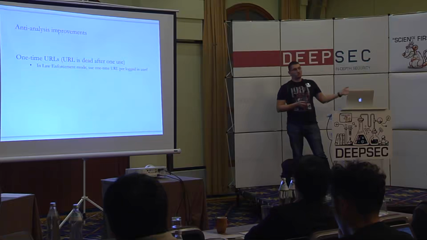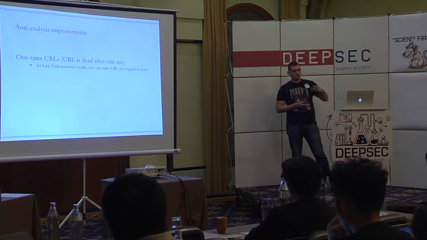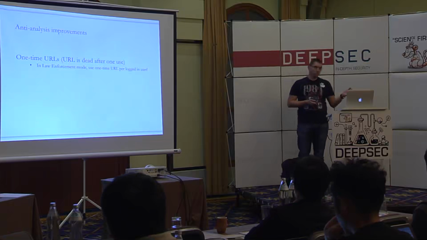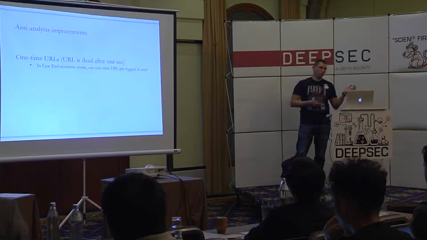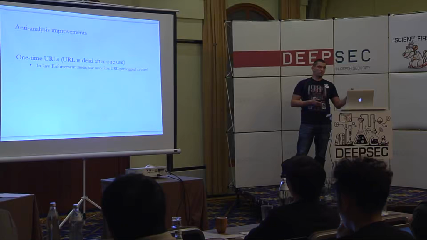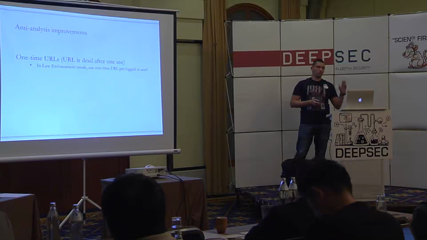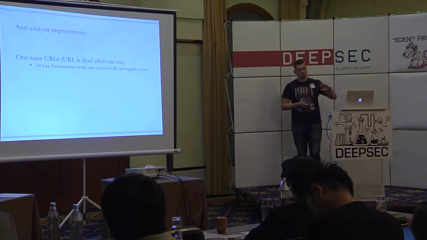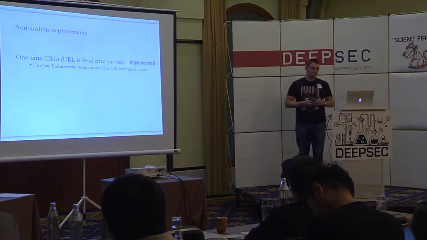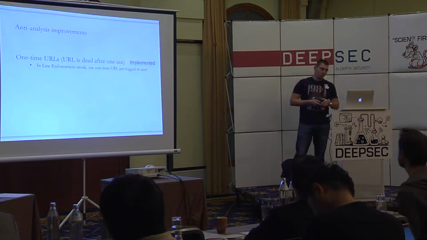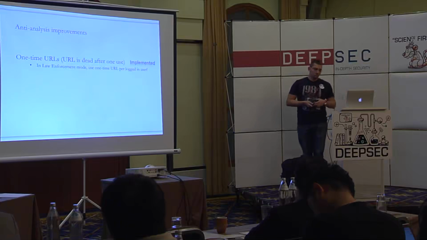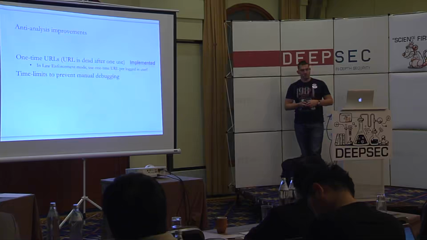If you are in law enforcement and you want to attack all the visitors of a site, this might not work for you. But in this case, what you can do is use a URL only once per user. So you check for logged-in users, keep track of which users you have already exploited, and only target them once. And this one-time URL is already implemented in my proof of concept code.